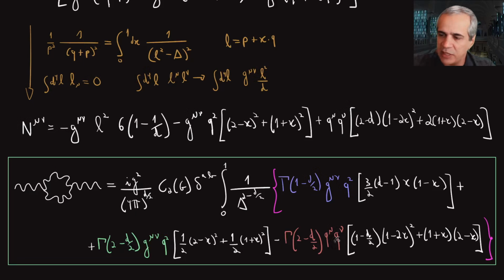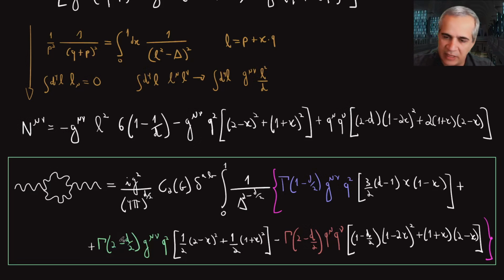You see that I have Q mu Q nu here, g mu nu Q squared, also here g mu nu Q squared. If I am to get this desirable Lorentz structure, I'll have to have the same factor in front of g mu nu Q squared and Q mu Q nu, just with a sign difference between them. But that's not here yet. That's not the structure we get yet.